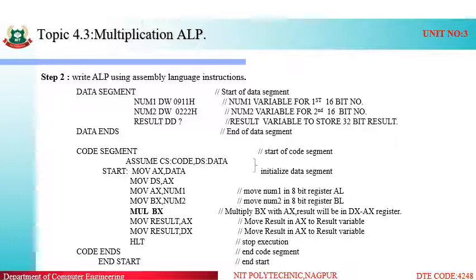For 8-bit numbers we have to use 8-bit registers, for 16-bit numbers we have to use 16-bit registers, and multiplication of two 8-bit numbers will be 16-bit and multiplication of two 16-bit numbers will be 32-bit.